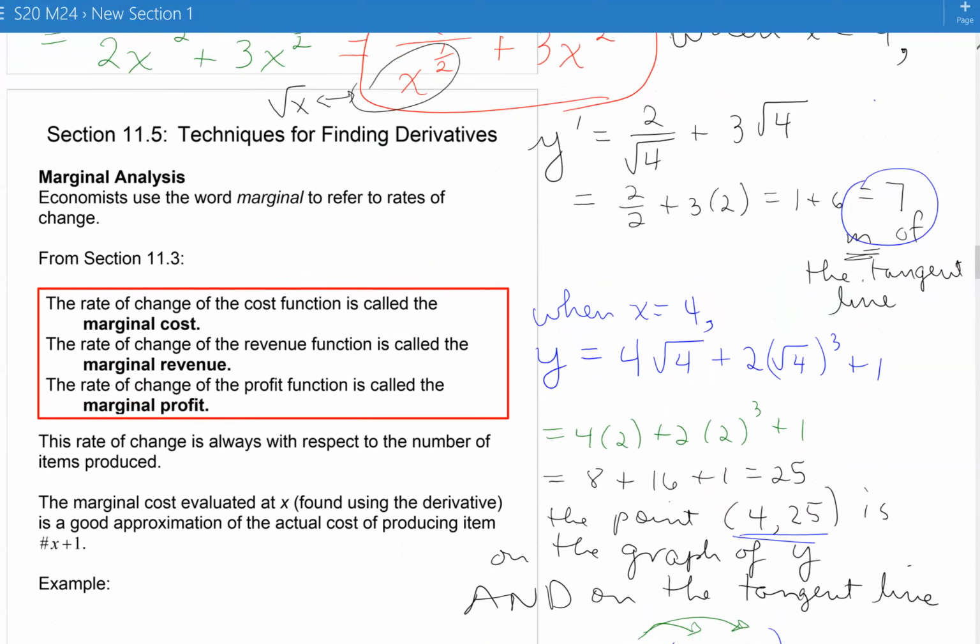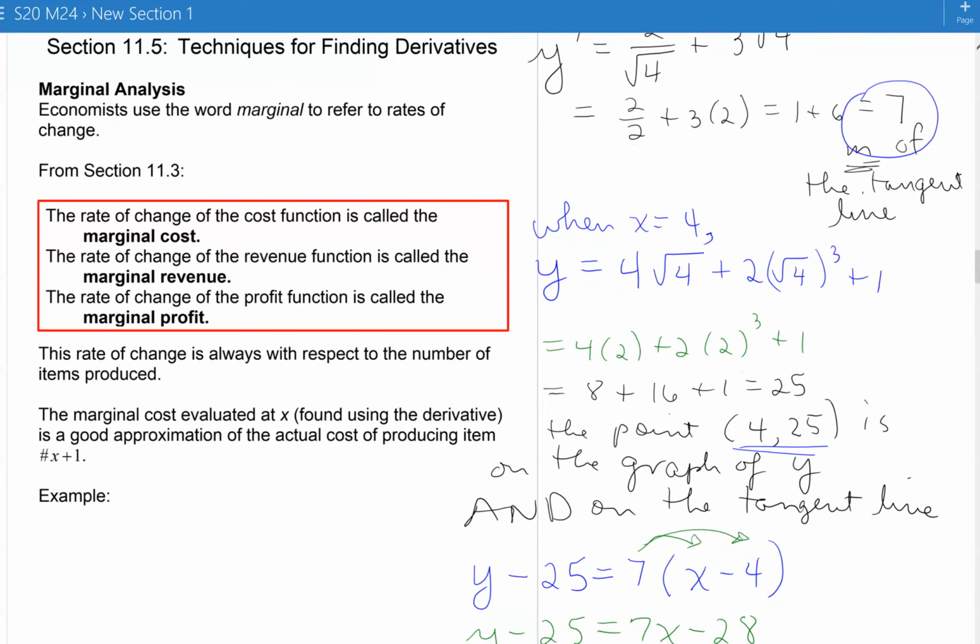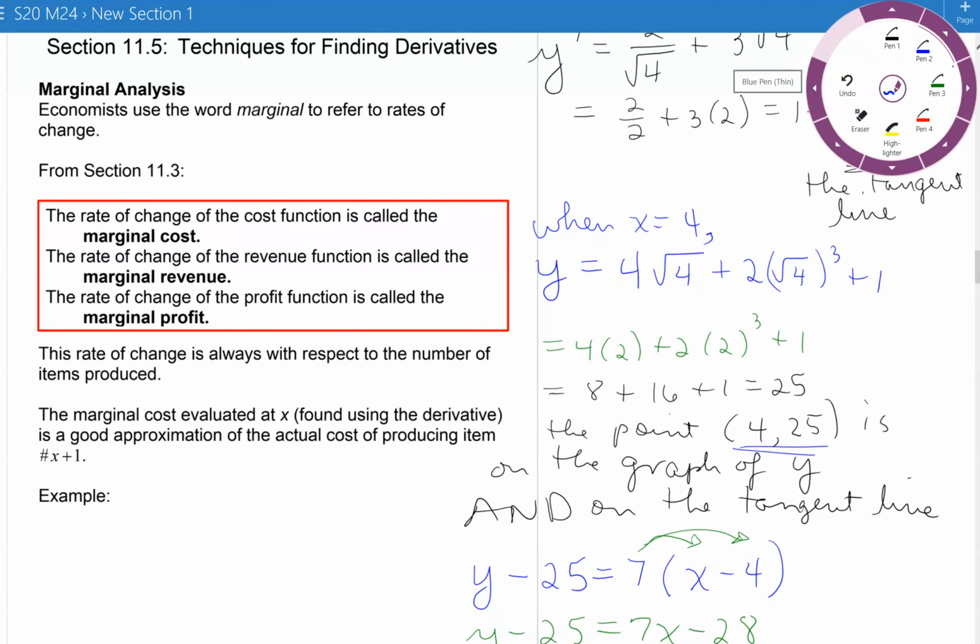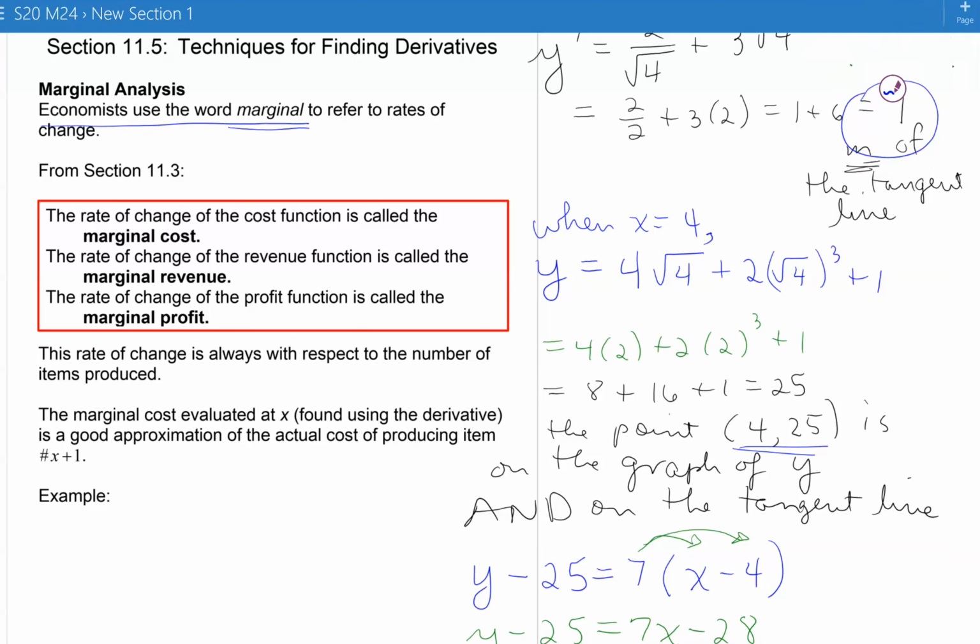Okay, so the main thing we are going to use derivatives for in business calculus is marginal analysis. So economists use the word marginal to refer to rates of change. So recall that in section 11.3 we talked about rate of change being connected to the word marginal. So the rate of change of the cost function is called marginal cost.